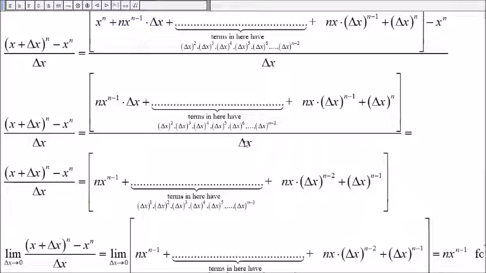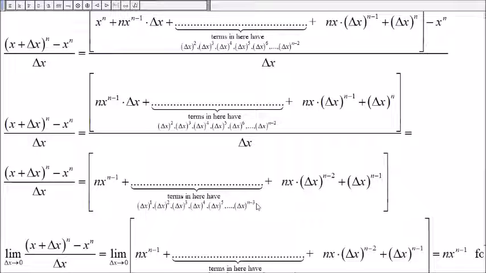This is like delta x to the first. And when we divide, we subtract the exponents. So it's n minus 2 minus 1, because this is like delta x to the first.